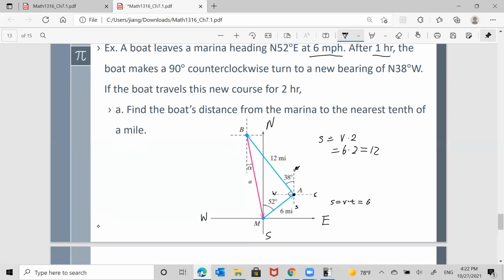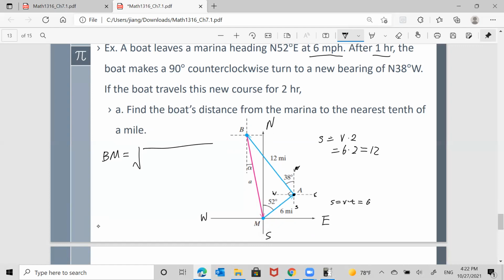The distance of the boat to the marina, BM, equals the square root of 12 squared plus 6 squared. The distance equals the square root because it's positive. So the distance is positive.